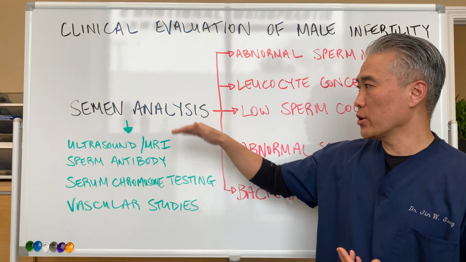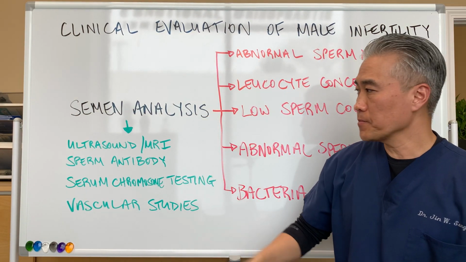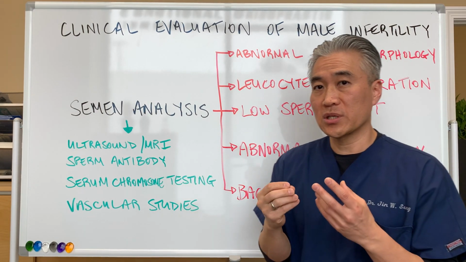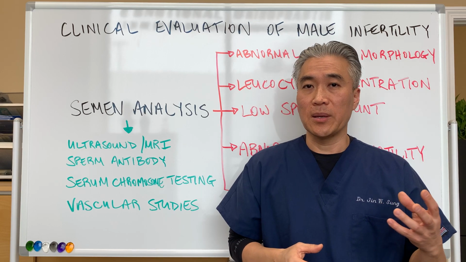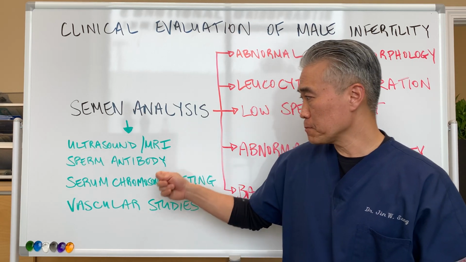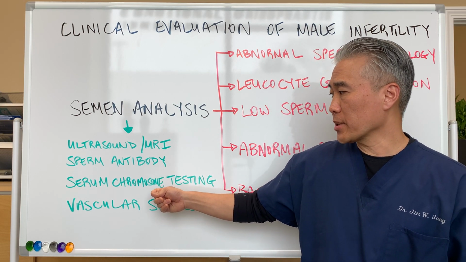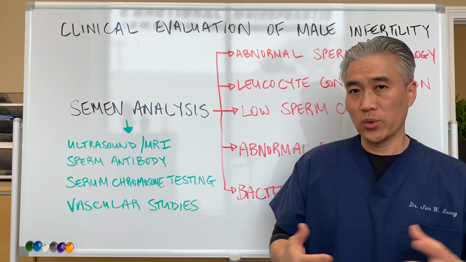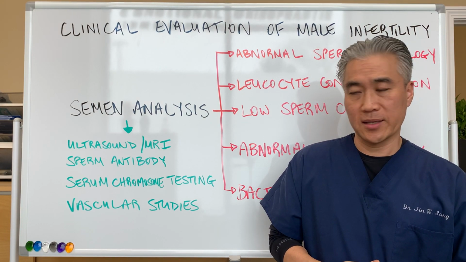After the semen analysis, you can do things like ultrasound and MRI. You can also look for sperm antibodies. Is the patient making antibodies to their own sperm or semen? Serum chromosomal testing can show if there are genetic variants. Much like in women, you can also do genetic testing.